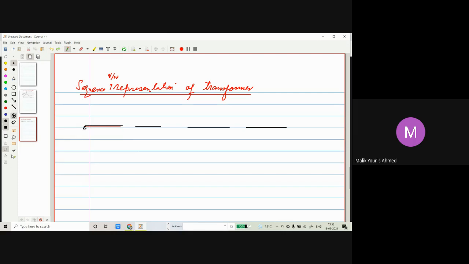You have to remember this circuit. Only with the help of this circuit can you draw any combination. Okay, let me draw the circuit first.